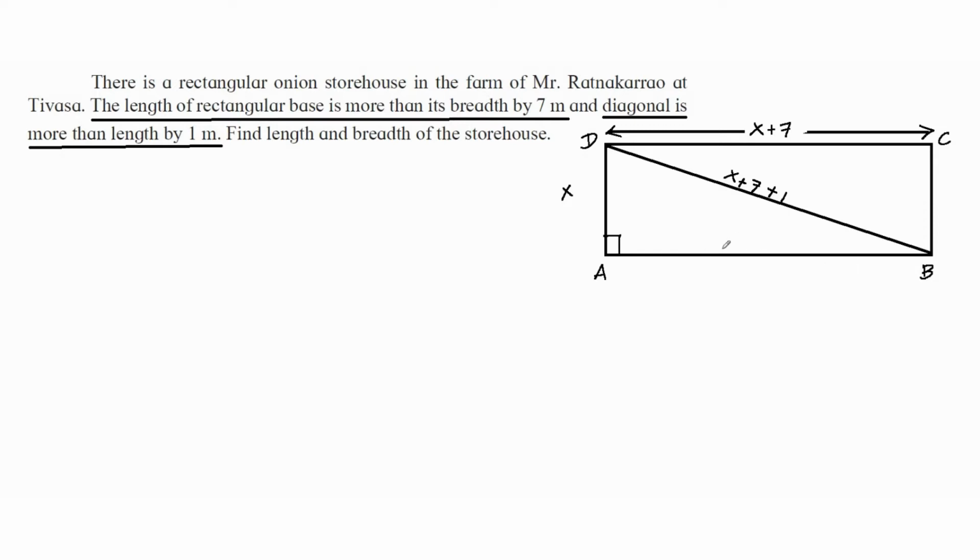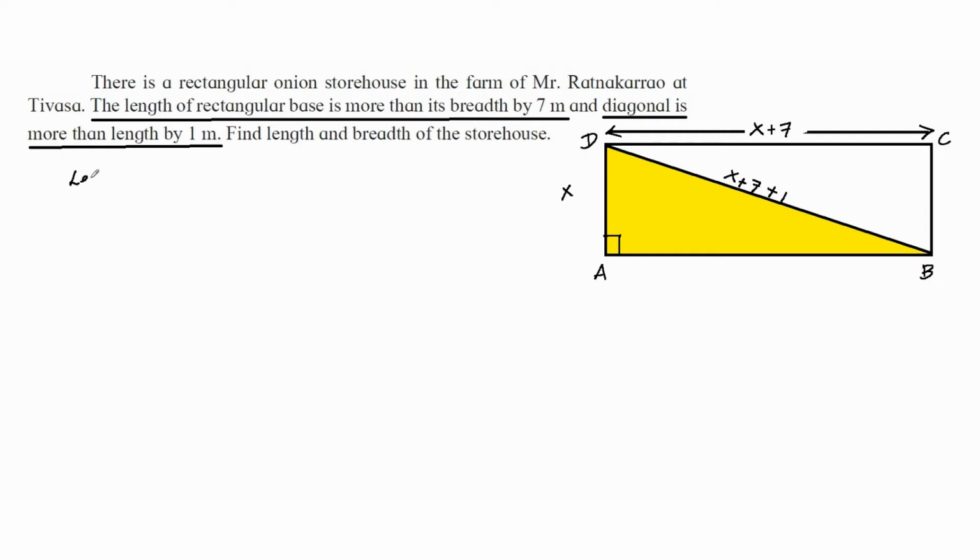Because this is a rectangle, I know that the triangle ADB is a right angle triangle. So because triangle ADB is right angled, I can definitely apply Pythagoras theorem in this particular question. Before I do that, let me quickly write down the variables that were used.